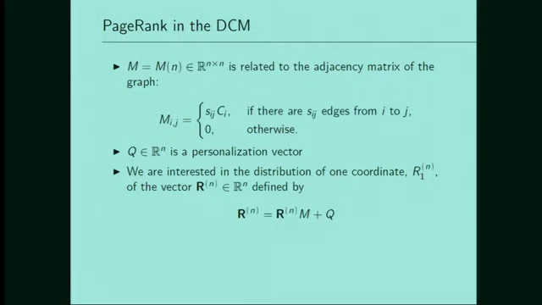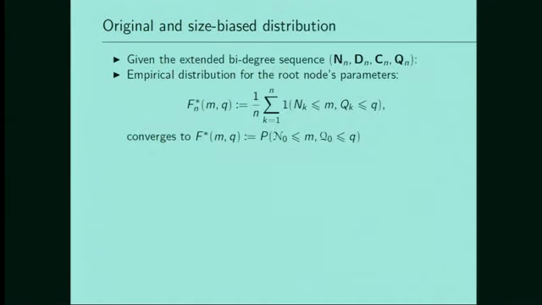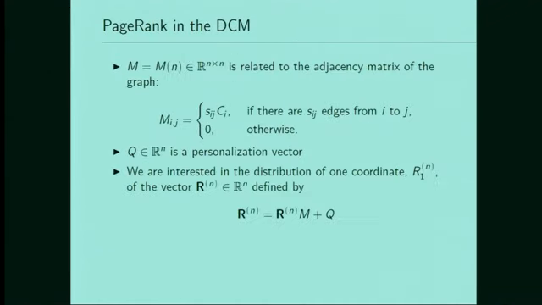So we introduced this matrix that used to be matrix P in the PageRank. So basically, we just write down the PageRank equation in this matrix form, and what we are interested in is this PageRank vector, and even more specifically, we are interested in the distribution of the first coordinate of this vector.